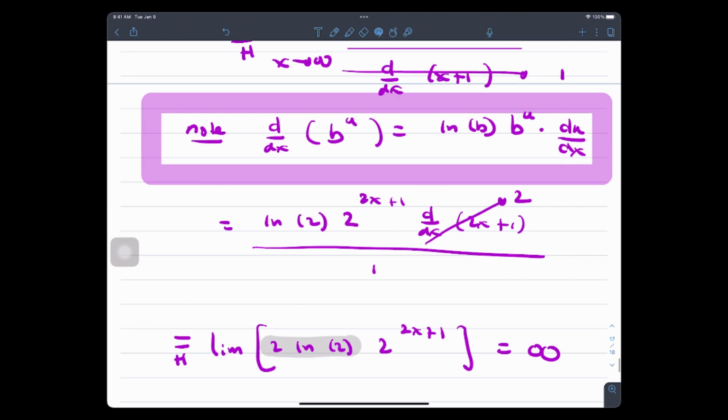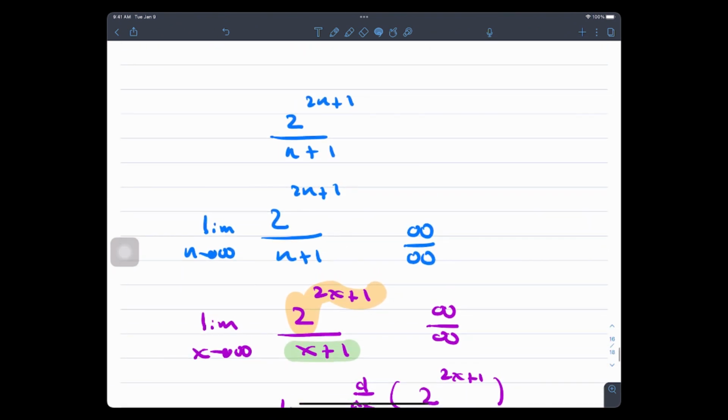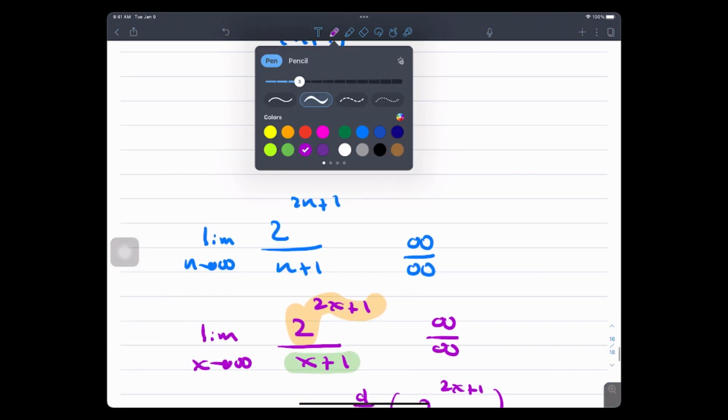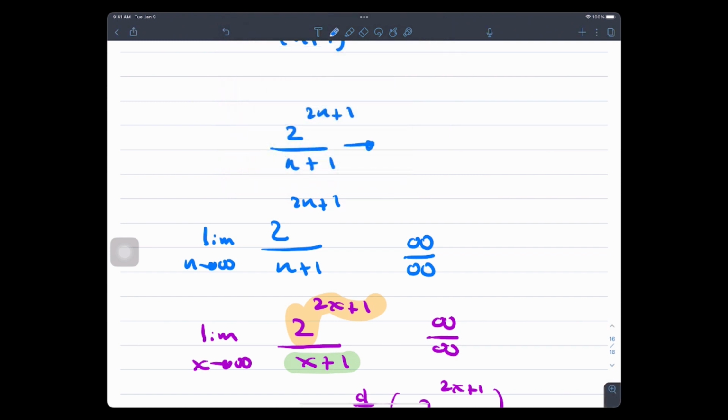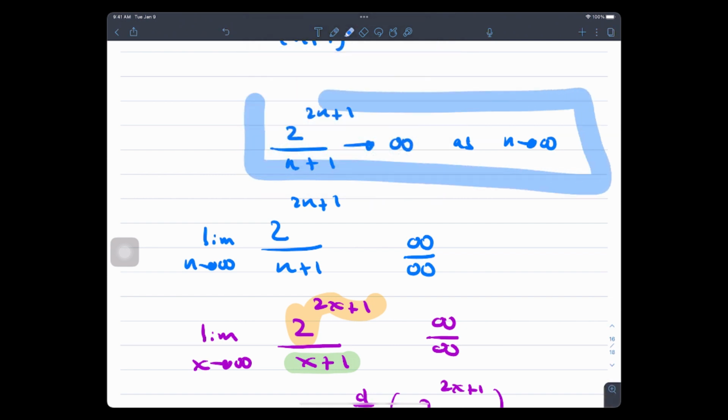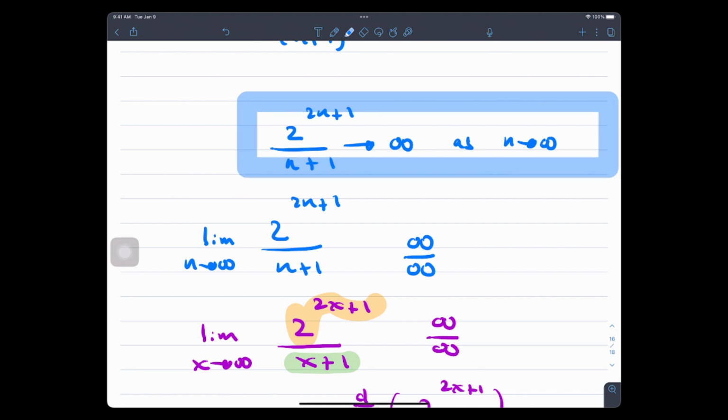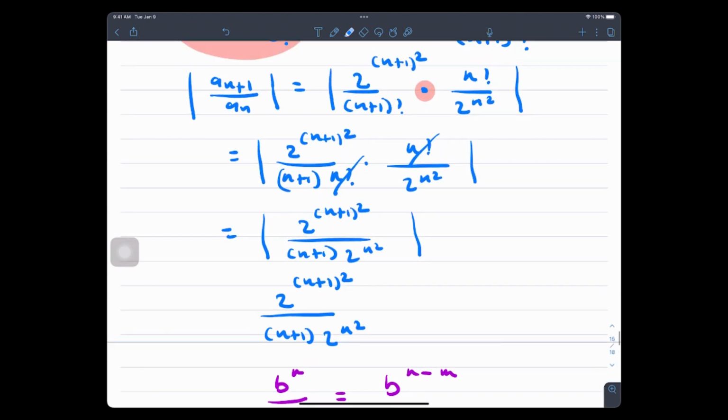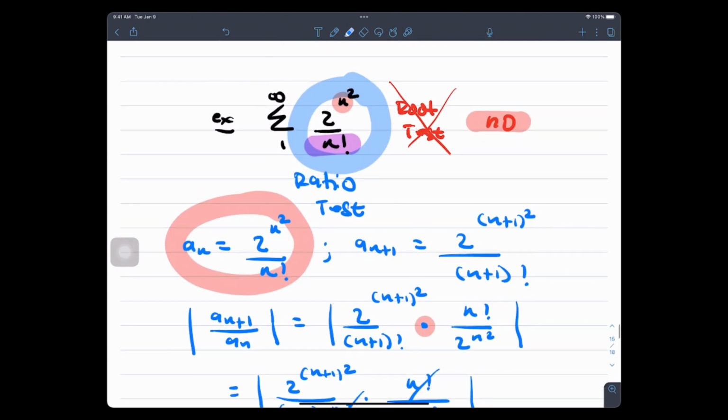So if this goes to infinity, that means this goes to infinity as n gets big. And that's the important detail, which means we have what again? This is divergence, ladies and gentlemen.